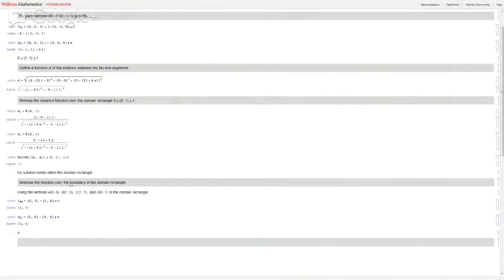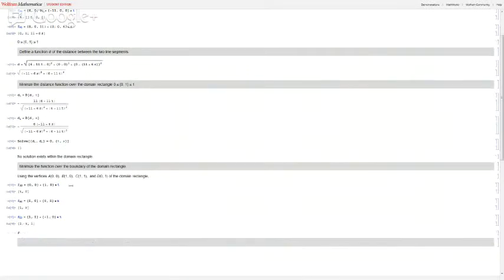And I have a function CD equal to the point C, 1, 1, plus the vector CD, which is negative 1, 0, times the parameter t.